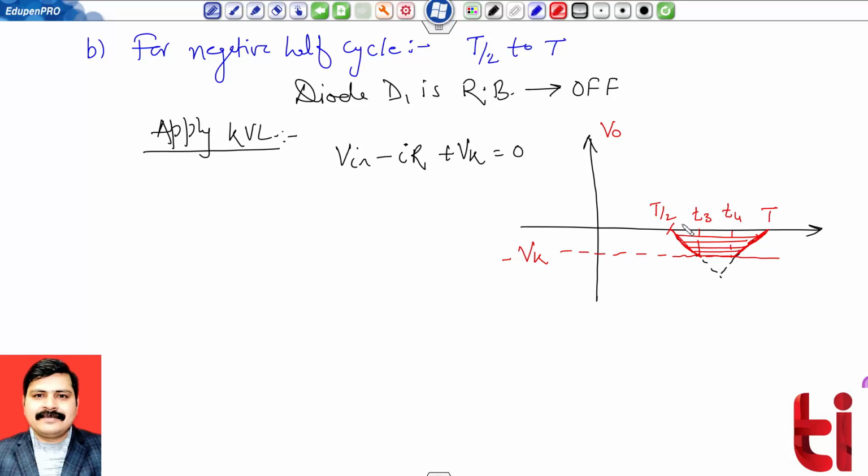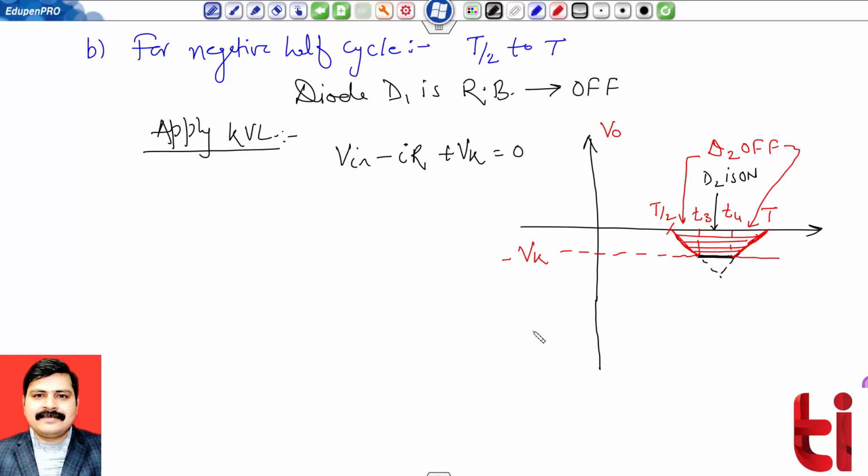From T by 2 to T3, both diodes will be off. So in this situation, diode D2 will be off, and this will be off in this region also, from T4 to T. However, from T3 to T4, diode D2 is on, due to which my output voltage is minus Vk in this duration.